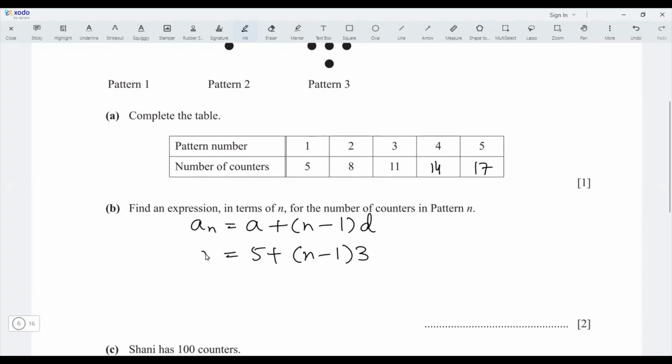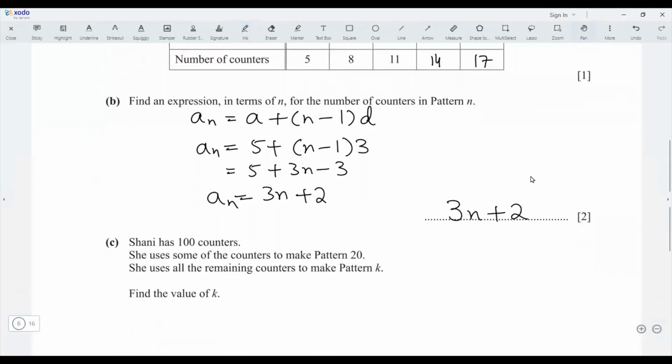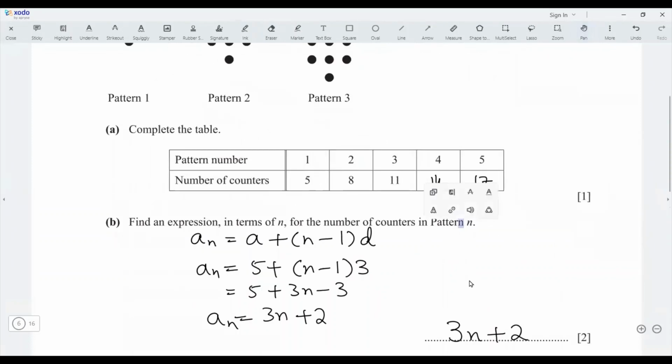Opening the bracket, the result is 5, and 3 times n is 3n, minus 3 one time is 3. So write 3n, and 5 minus 3 is positive 2. So an results in 3n plus 2. This is the answer.